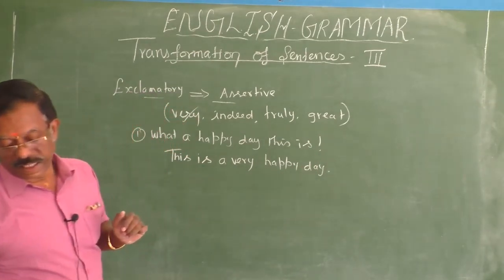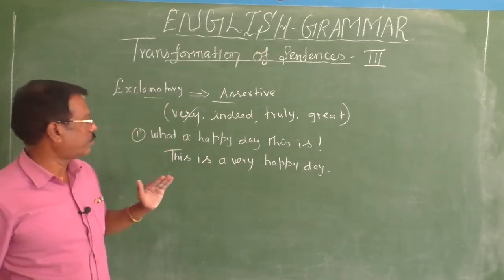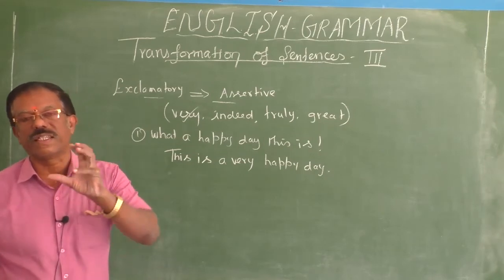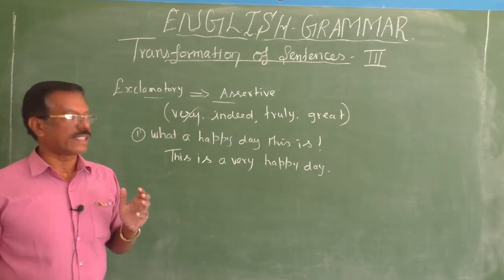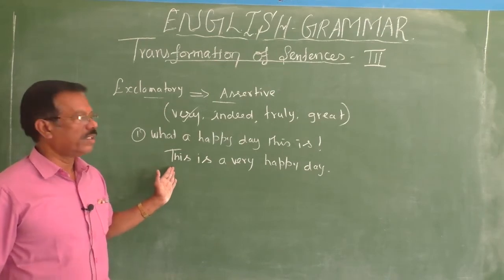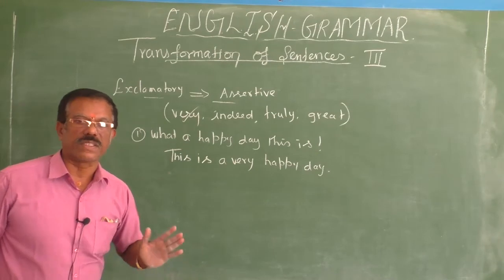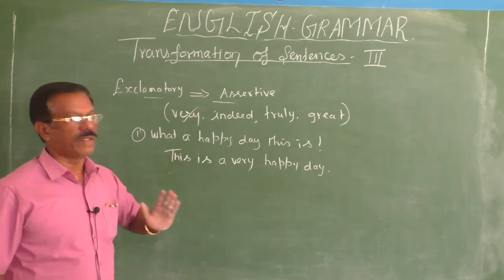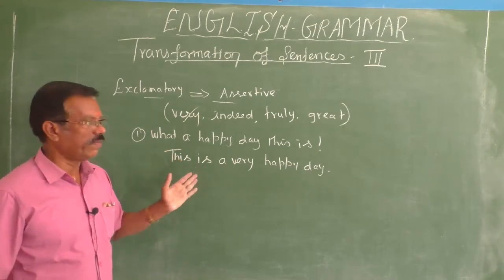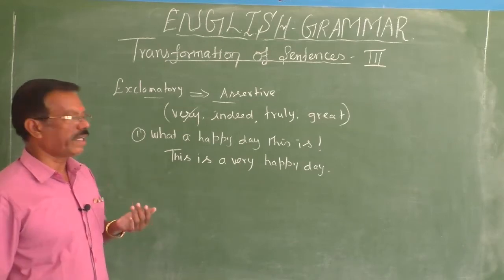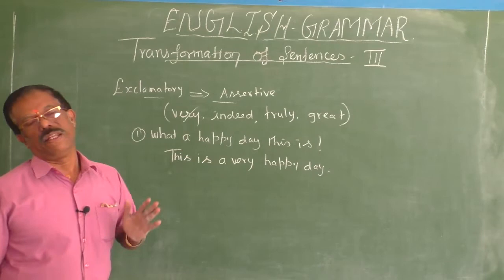Here you have to follow the word order, the word structure of an assertive sentence. You know that an assertive sentence begins with a subject. So it begins with the subject this. Then in all assertive sentences, the subject is followed by a verb. So here you have the link verb is. Then a very happy day. Okay. So, this is a very happy day, put the full stop.